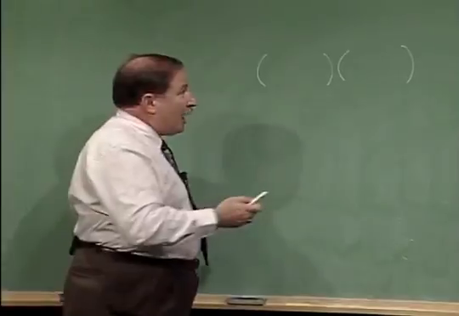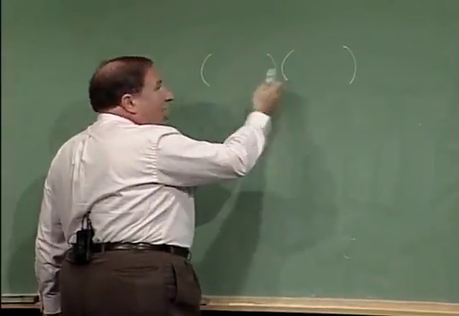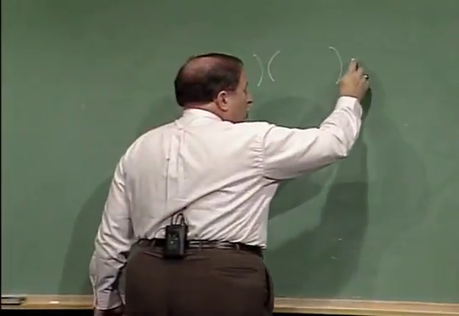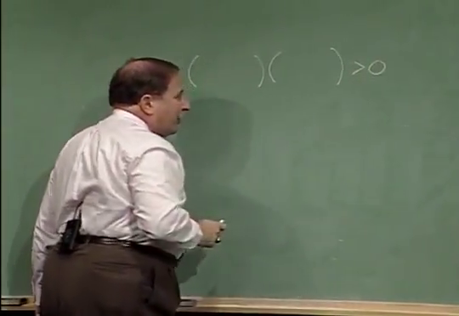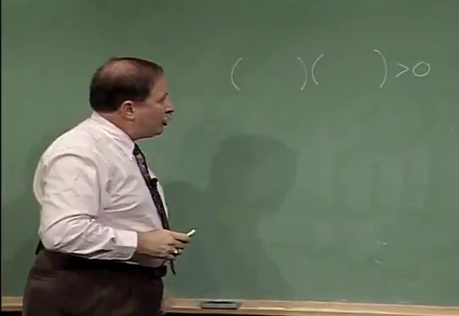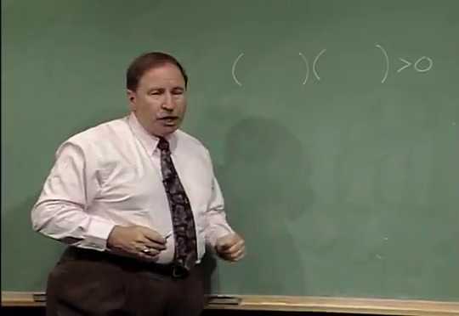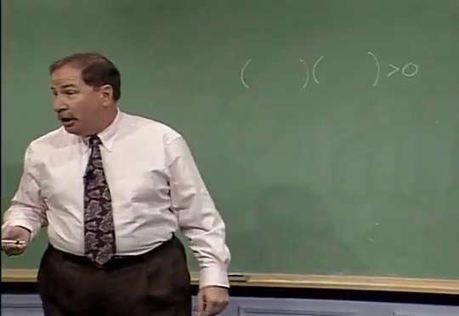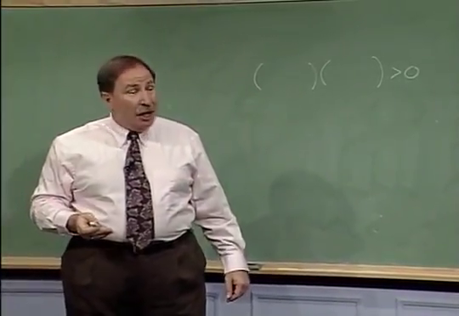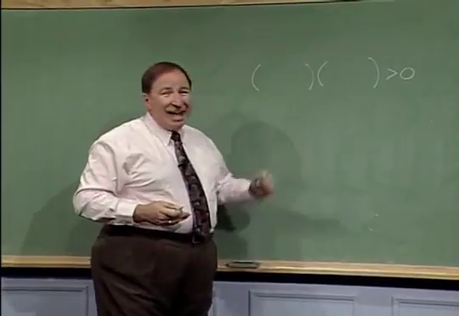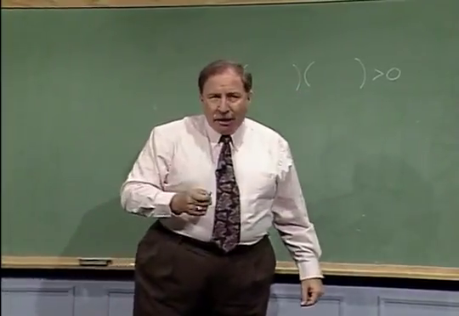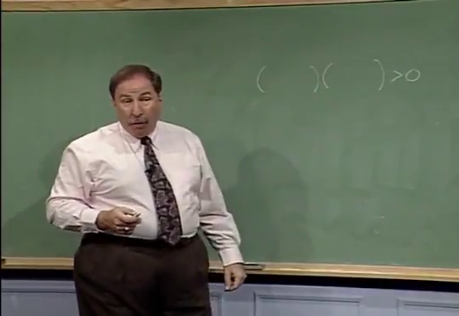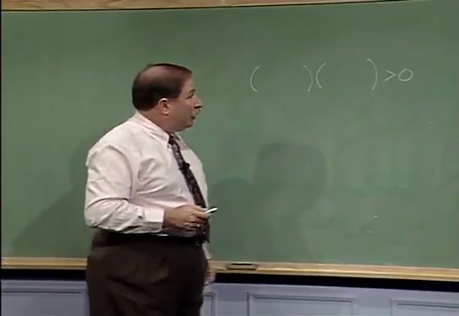Let's say we had this product of two binomials, for example, greater than 0. What would that mean? How could you have two numbers that, if you multiplied them, were greater than 0? First of all, what does greater than 0 mean? It means a positive number. If I multiply two numbers and the answer is positive, that means that either both the numbers are positive or both the numbers are negative.